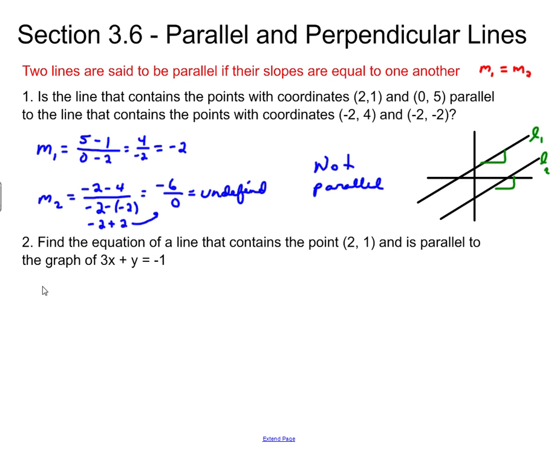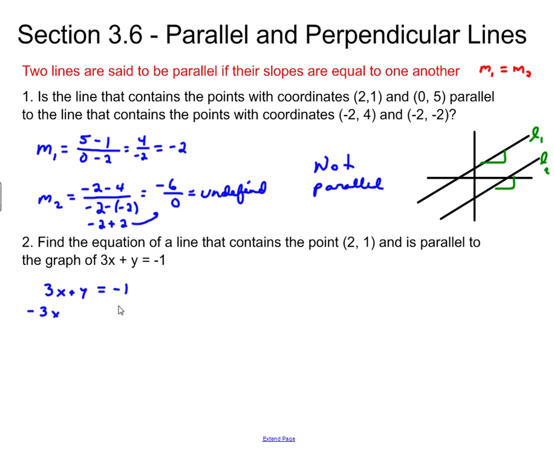So that means that if we need a slope and a point, we've got the point. To find the slope, solve for y in the given equation. So we've got 3x plus y is equal to -1, and we isolate y by adding -3x to both sides.